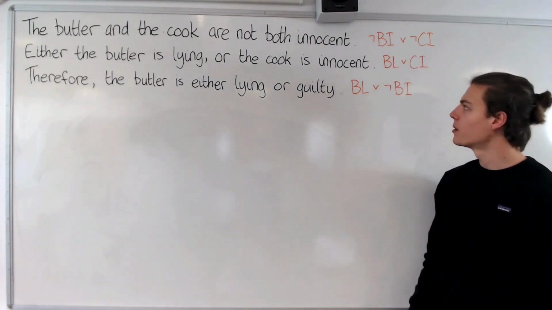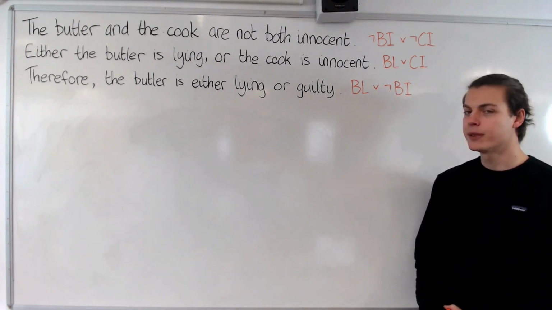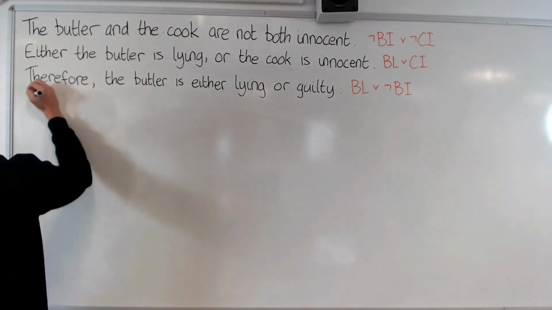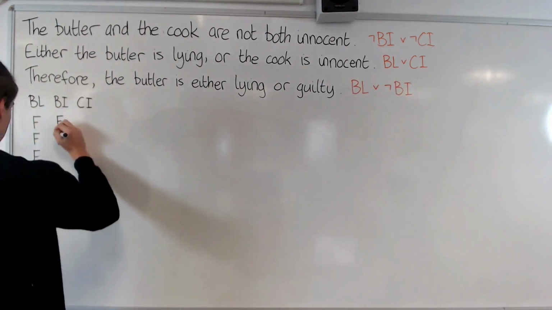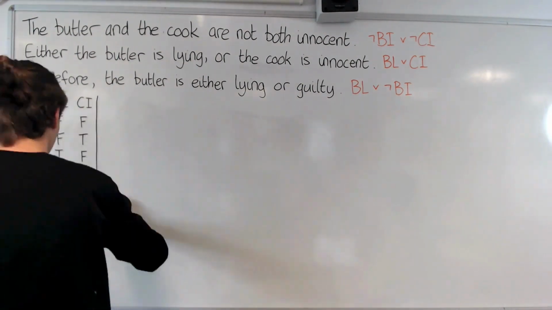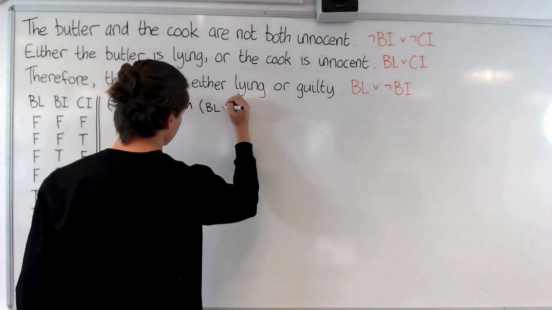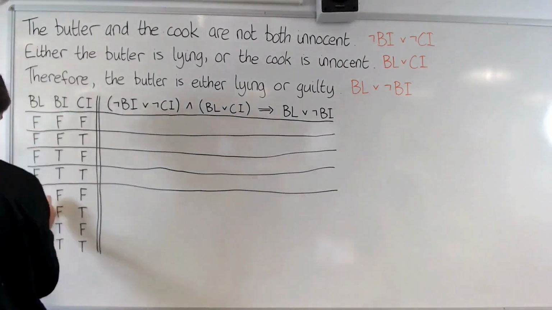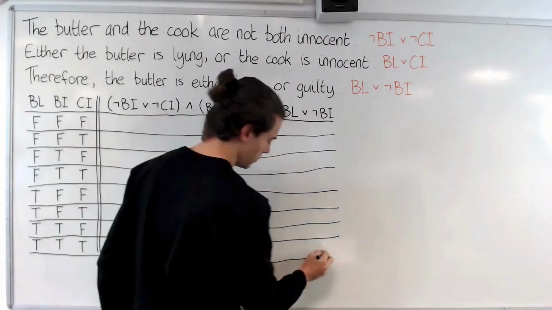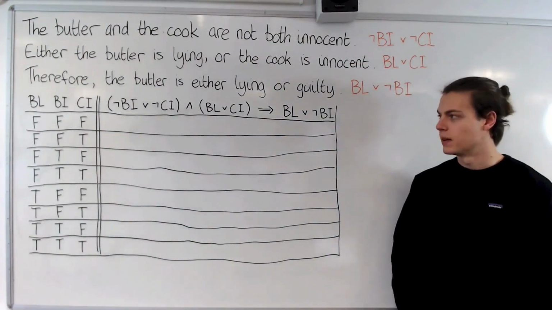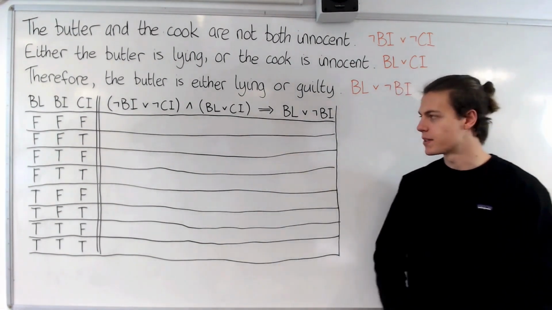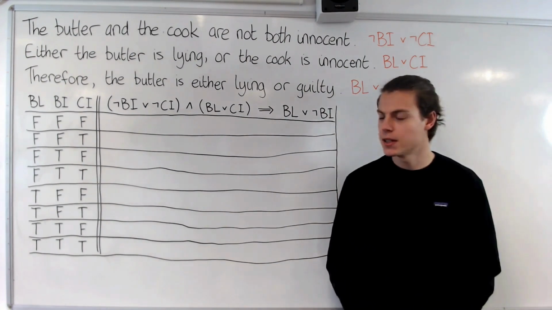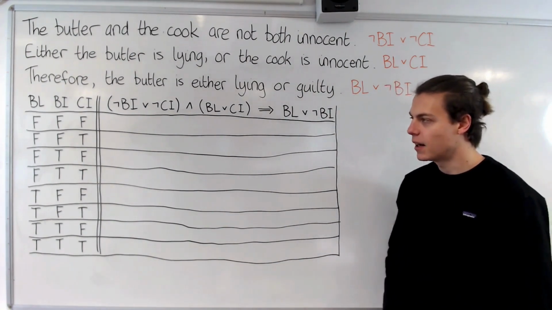Alright, and now to check whether this is a logically valid argument, again, we'll draw a truth table. And remember, if this statement is true in every case, that is, if our two premises always imply the conclusion, then this is a logically valid argument.